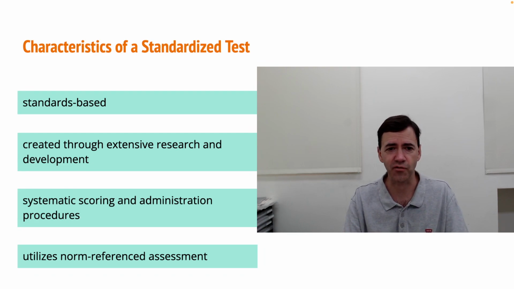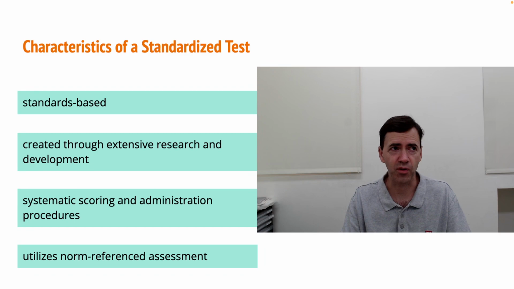This takes years of practice and research, and they usually have some kind of administration that will work together to do this. Okay, they have systematic scoring and administration procedures, so everything is very clearly ordered, written down, and structured. And then they utilize norm-referenced assessment.